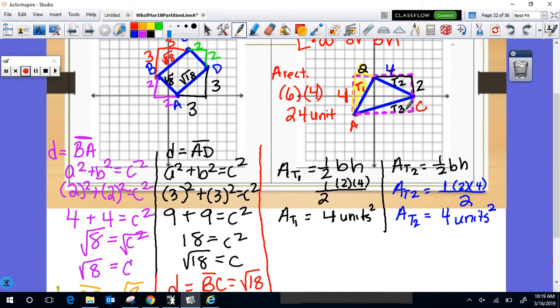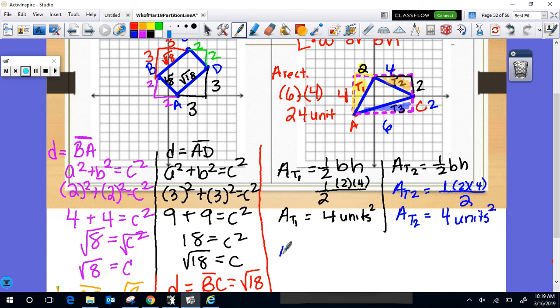Now I'm going to go to triangle 3. Let's use the highlighter. I'm going to make this triangle 2 orange so you can see. And then I'm going to make this triangle 3 blue. Alright. So here I'm going to go and find those dimensions. This is 1, 2, 3, 4, 5, 6. 6 here and 2 on this side.